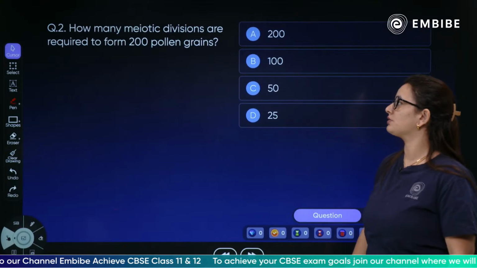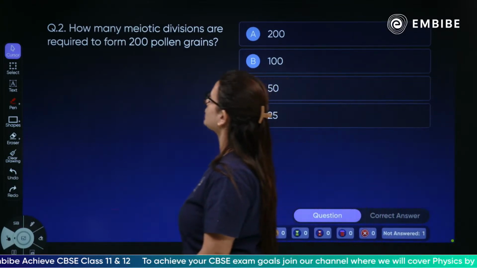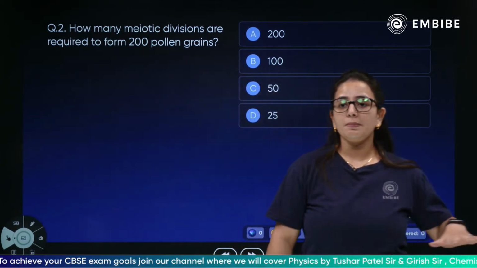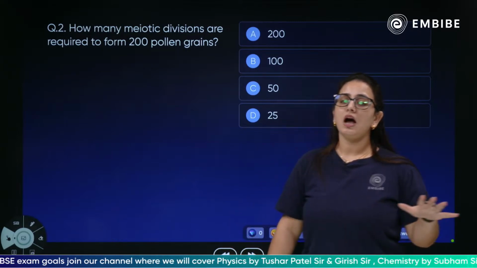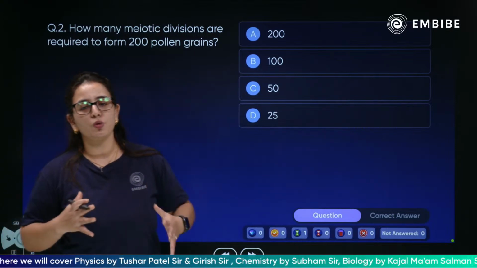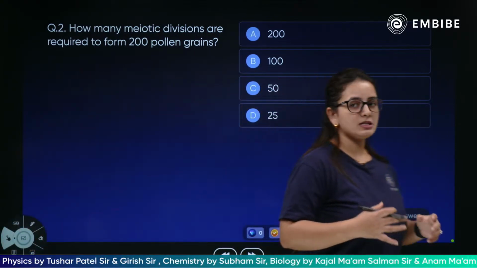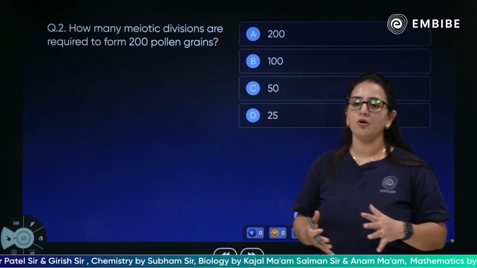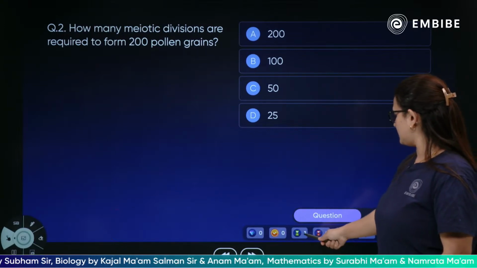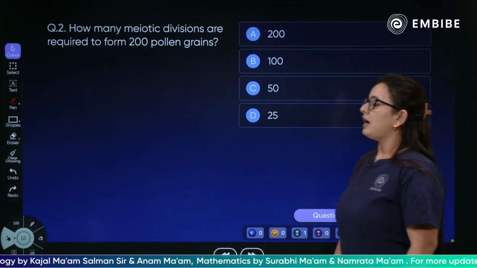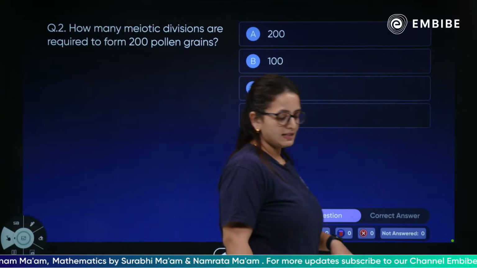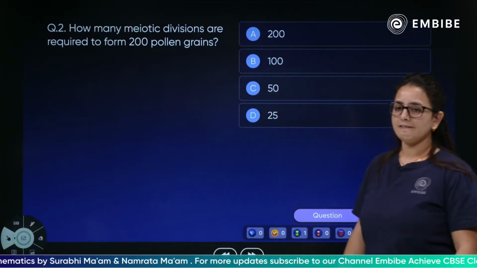The next question on your screen is, how many meiotic divisions are required to form 200 pollen grains? If you remember microsporogenesis, we have discussed that.